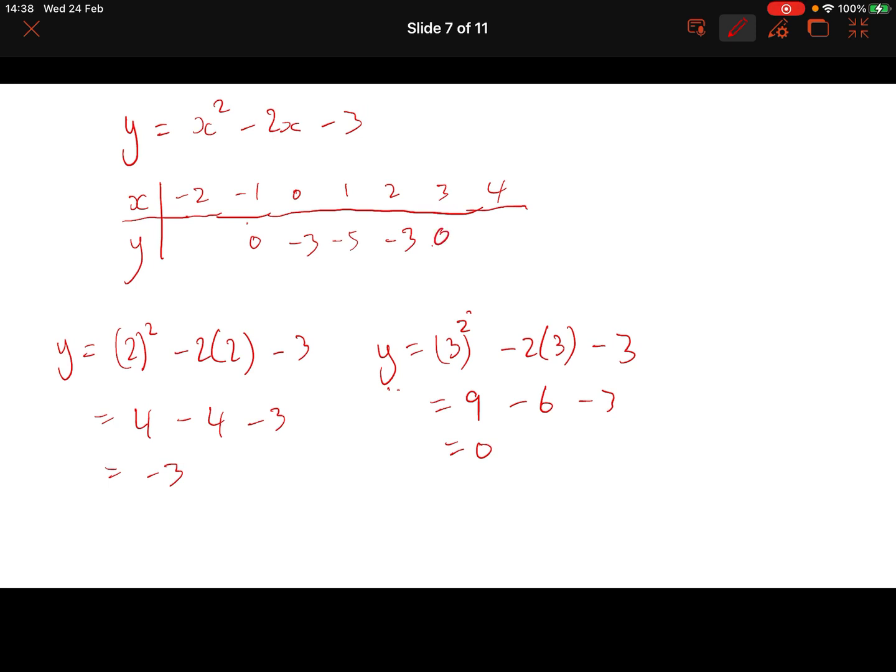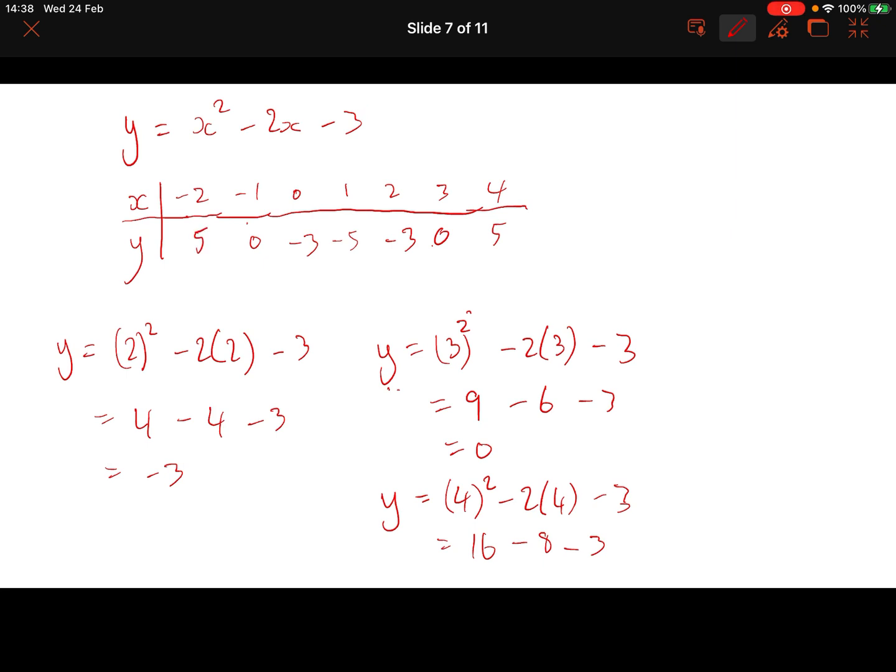What about when x is equal to 4? y is equal to 4 squared minus 2 times 4 minus 3. So that's 16 minus 8 minus 3, which is positive 5, I believe. And I bet you any money it'll be the same with minus 2. You can check yourselves.